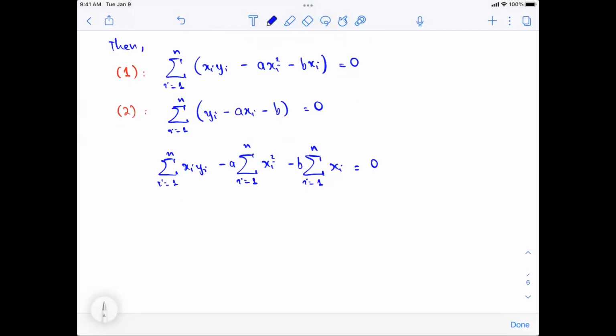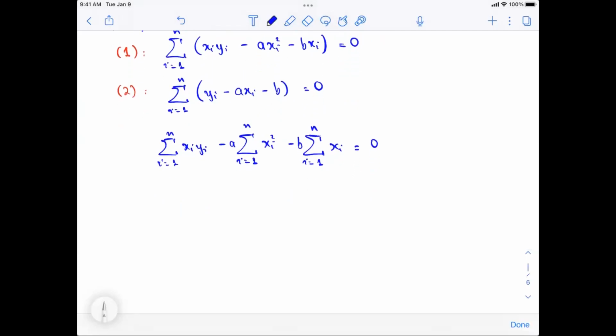And from the second equation, it's going to be the same thing. You break the summation and you get the summation for i going from 1 to n of y_i minus a times the summation of i going from 1 to n of x_i minus the summation of b for i going from 1 to n equal to 0.